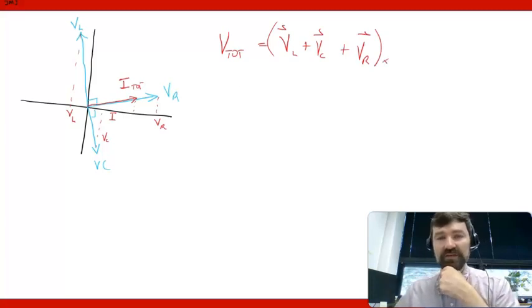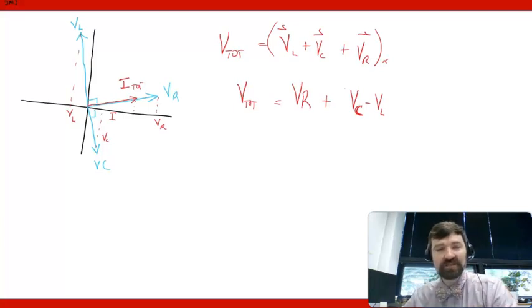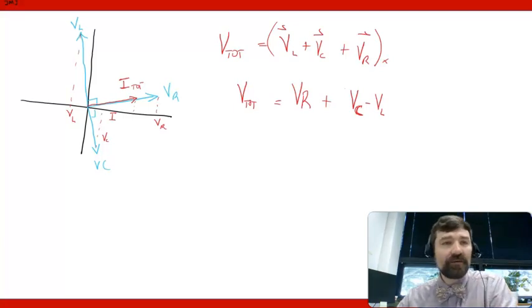And so what that ends up meaning is that at time t, V total basically looks somehow like VR plus a VL minus a VC, or a VC minus a VL at any given time. And in this particular case, VC is positive, VL is negative. Sometimes it's the other way around. Like if I were to go to a different time, I may have a different value here.